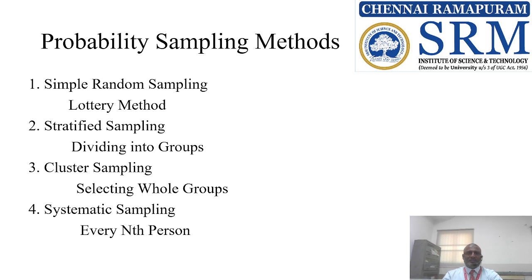So in probability sampling methods, we have the simple random sampling method, stratified sampling method, cluster sampling method and systematic sampling method. In the simple random sampling method, each and every member of the population has an equal chance of being selected.